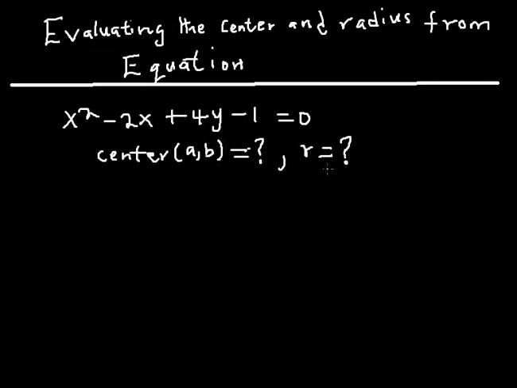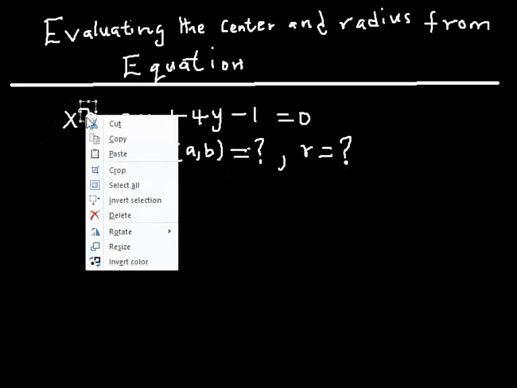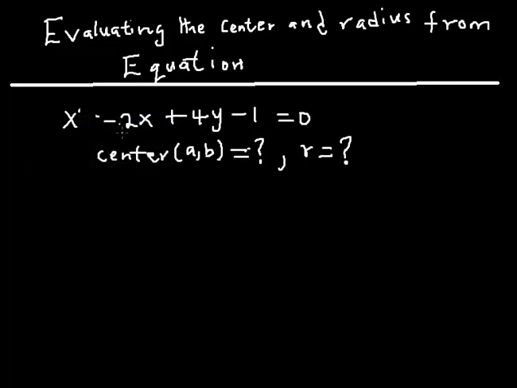How will you do that? There are two ways to do that: either by formula or by completing the square. I think I should go by formula. How do we go by formula? Let's go to our normal equation of a circle: r squared equal to (x minus a) all squared.